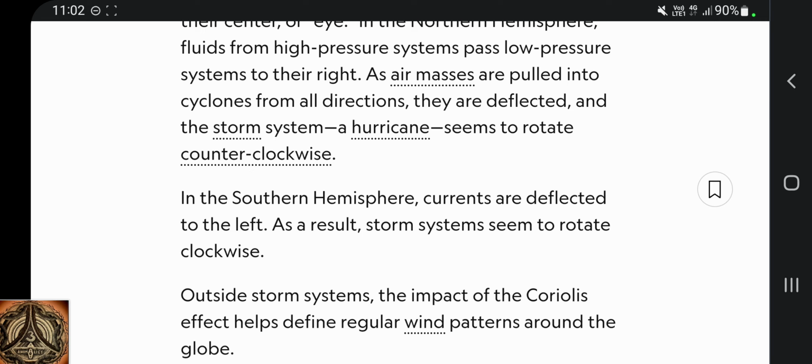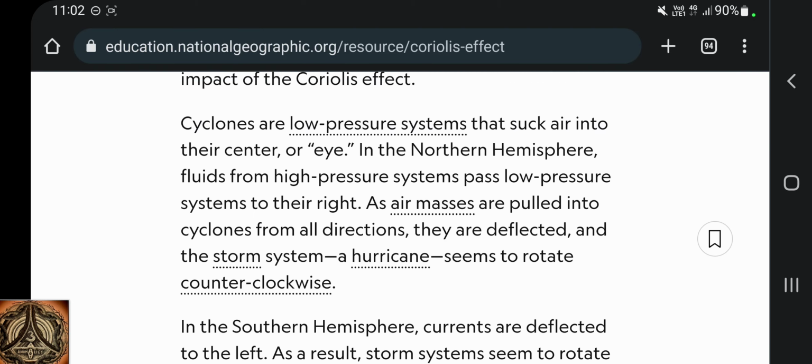As a result, storm systems seem to rotate clockwise.